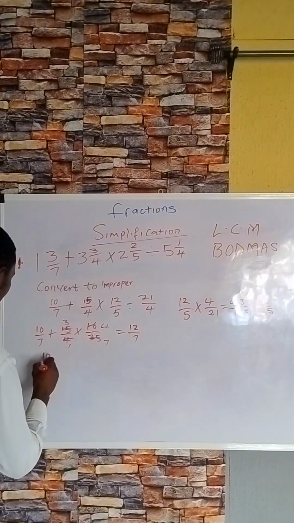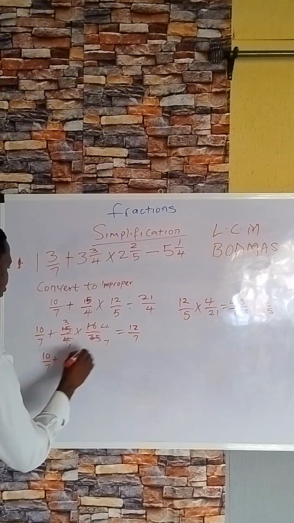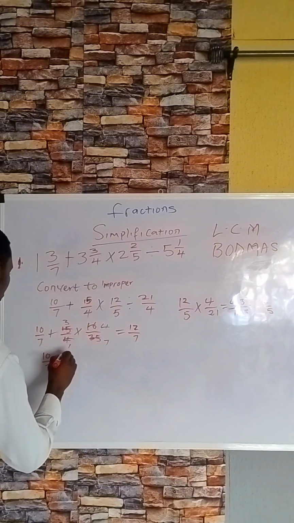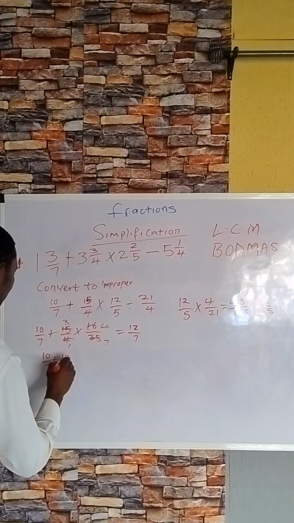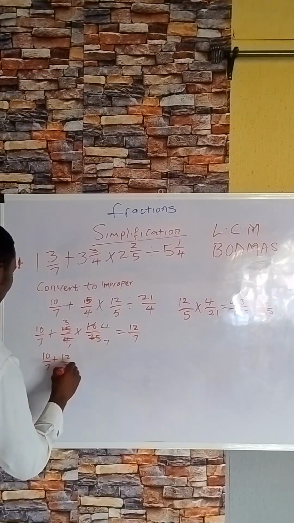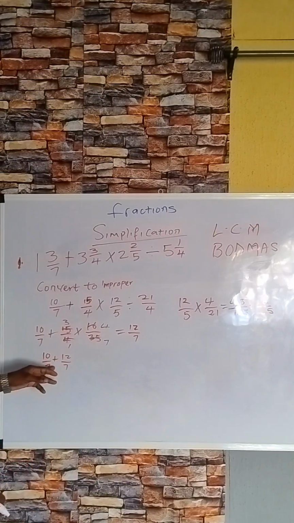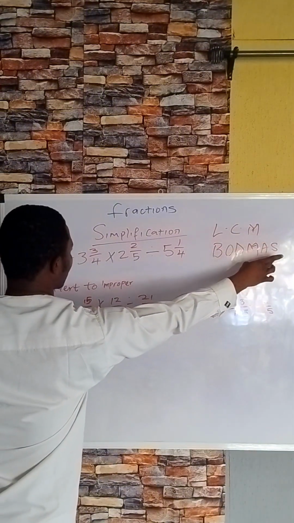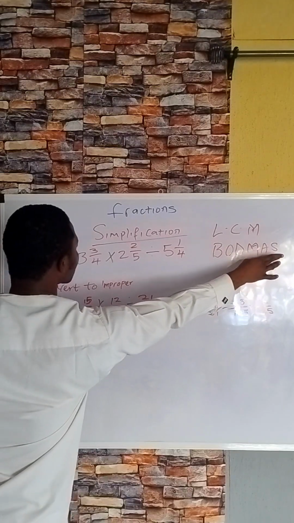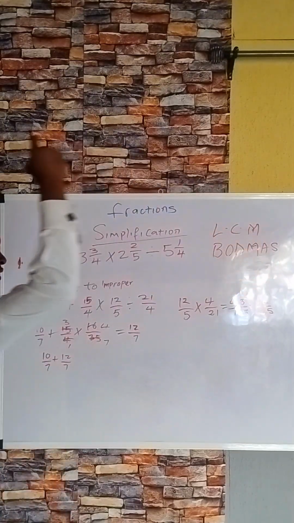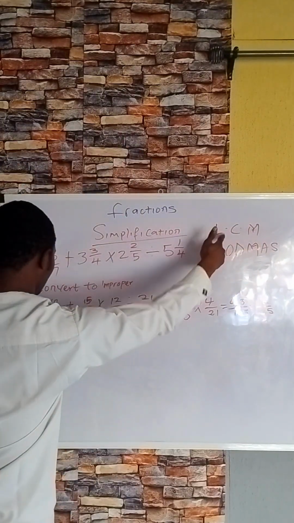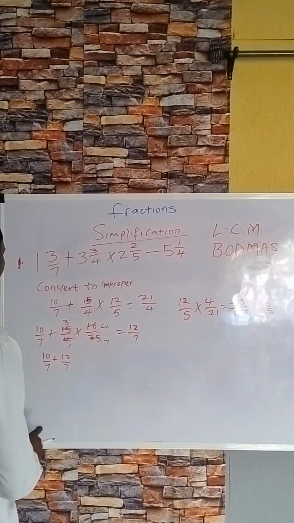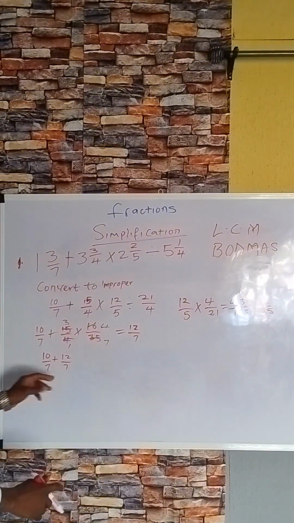This becomes 10 over 7 plus 12 over 7. We have gotten to the addition sign. So remember, addition and subtraction always apply the LCM formula. The LCM of these two, we don't need to look for that, it is 7.